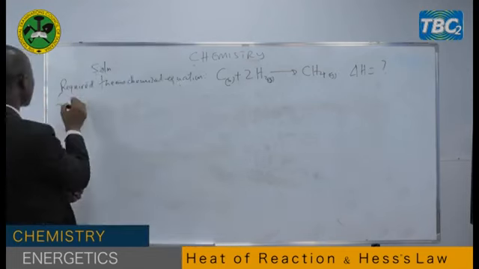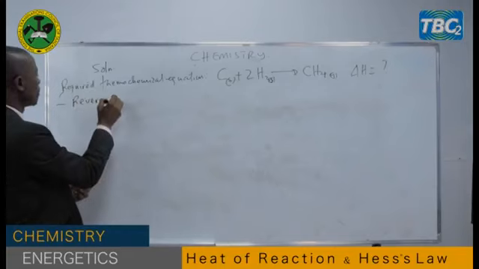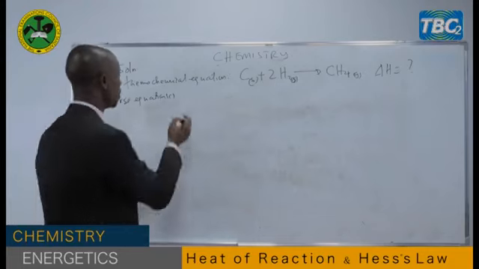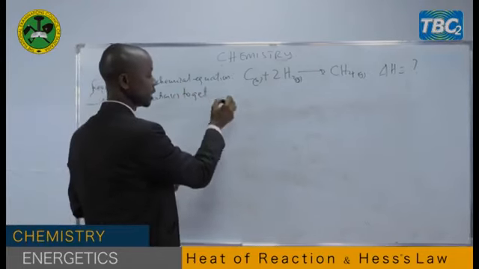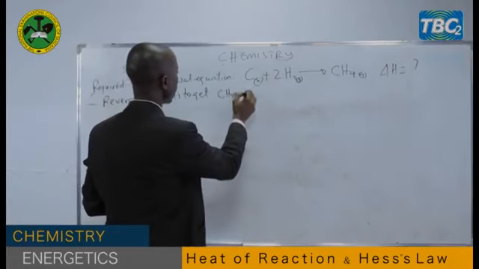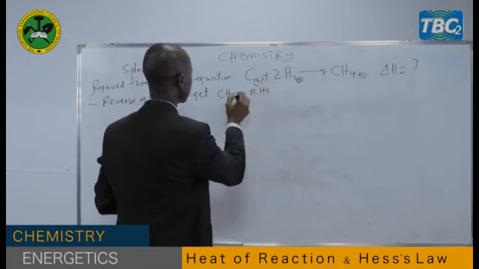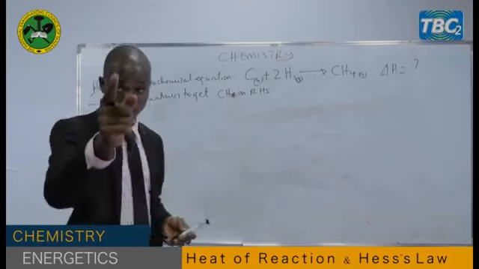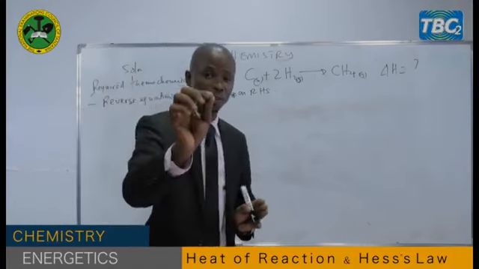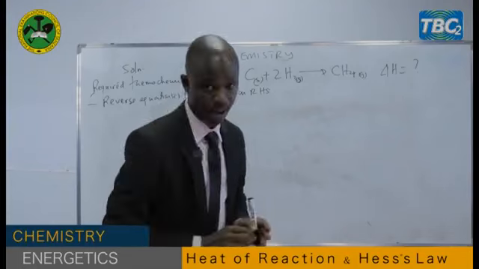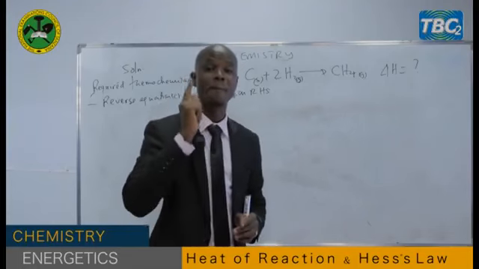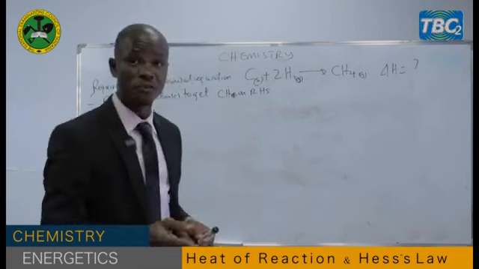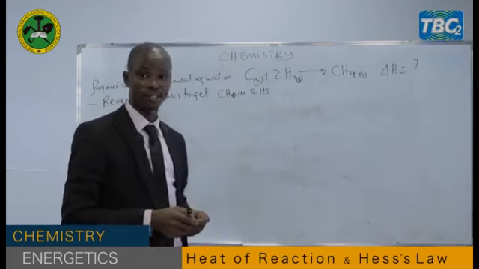So here, reverse equation C. Why? In order to get methane on the right-hand side. That is manipulation. So when we reverse, remember my dear students, the enthalpy change for the reaction is the same in magnitude, but opposite in sign for the reverse equation.